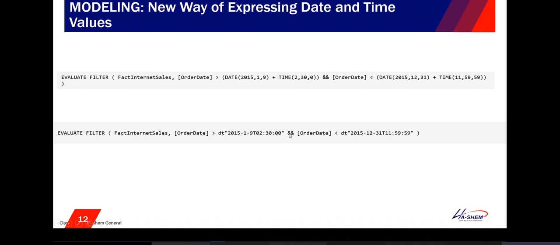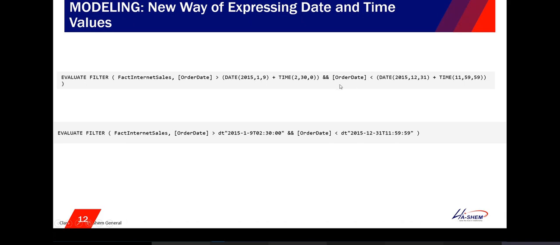And then you have the same thing also here. So I want to write an expression in DAX to show my date and my time, like a conditional statement that says evaluate my order date, giving me the date and the time, where the order date is less than this order date time function here. Previously you would use the AND function.